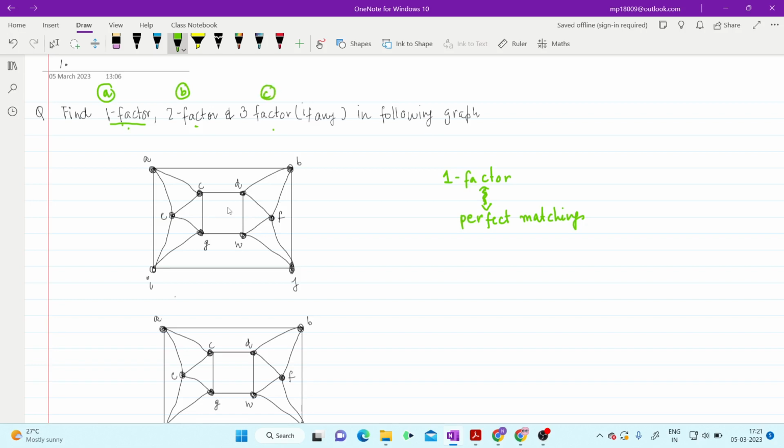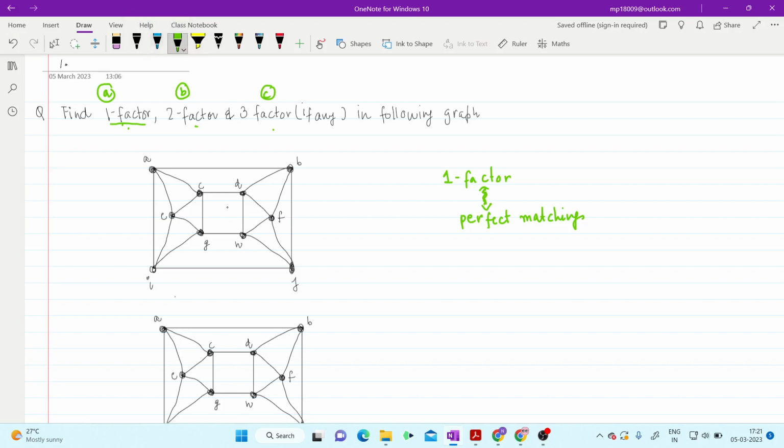So a one factor by definition is the same as a perfect matching. Does this graph have a perfect matching? You are saying a perfect matching does not exist for this graph? It exists. Yes. Okay, so what is the perfect matching for this?